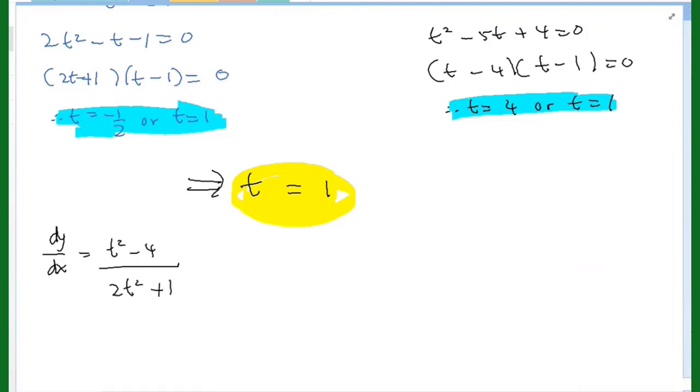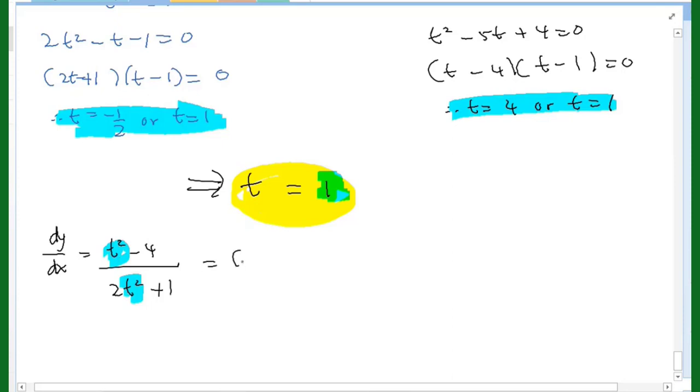Substitute here. So (1 squared minus 4) over 2(1 squared plus 1). So 1 minus 4 is negative 3, over 2 times 3, is equal to negative 1.